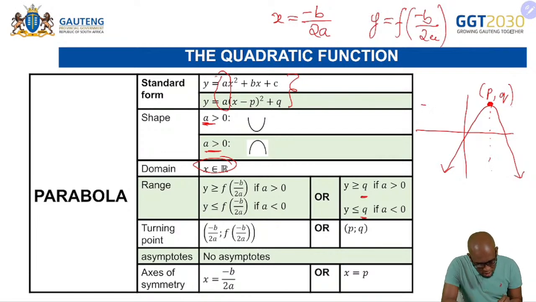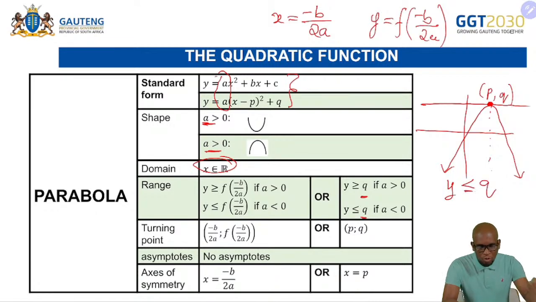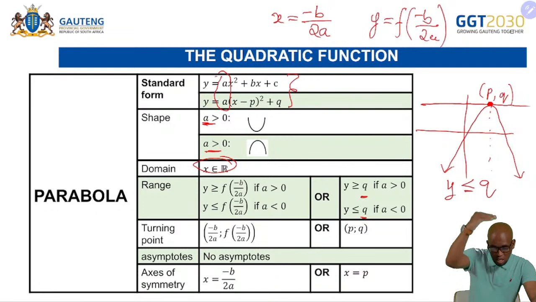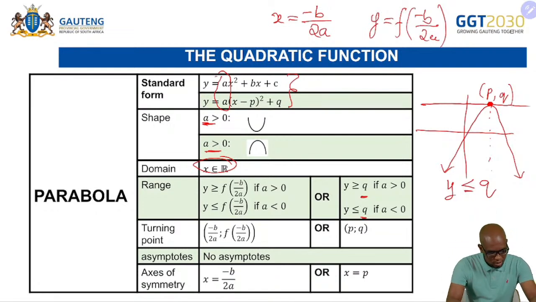Now if you check this parabola here, because of the turning point, the range would be y takes all real numbers, but y should be less than or equal to q, because the graph is defined from negative infinity up until the turning point.